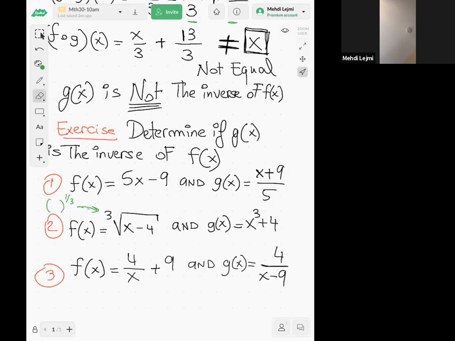So just be careful on number 3, right? You know, the fractions.